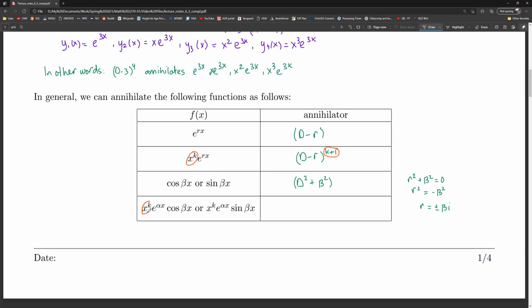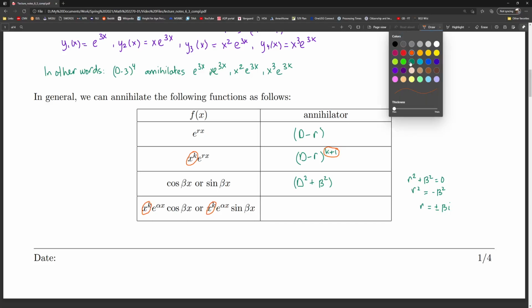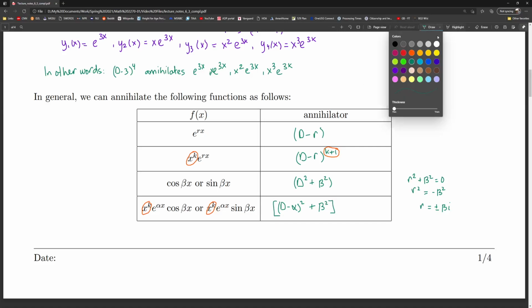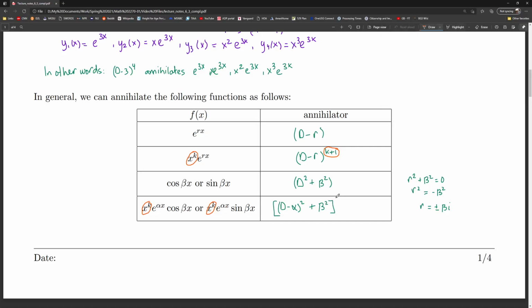So we have an x to the power k here, an x to the power k here, and then our annihilator becomes D minus alpha, squared plus beta squared, and then we have to raise that to the power k plus 1, because we have x to the power k here.